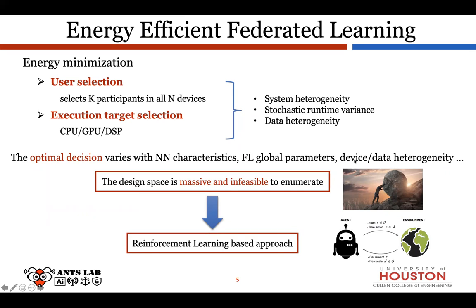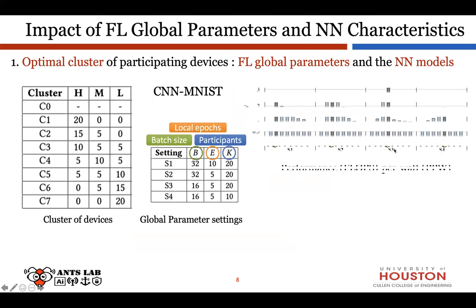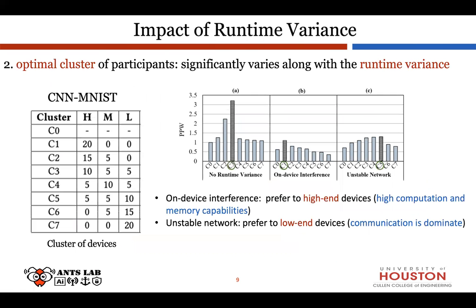Also, the device or data heterogeneity is changing over time, because we consider some runtime variance, so it's difficult to determine the optimal cluster. We can dynamically determine the optimal cluster if we use the reinforcement learning method. Maybe we can further improve the energy efficiency and the convergence speed.